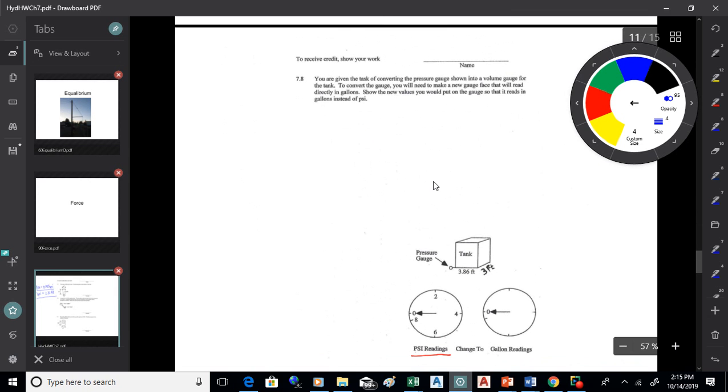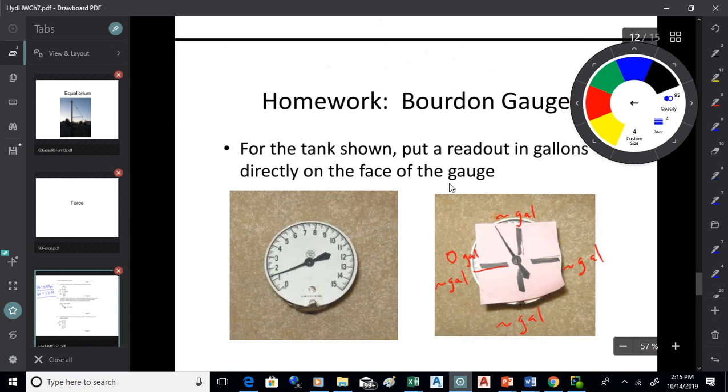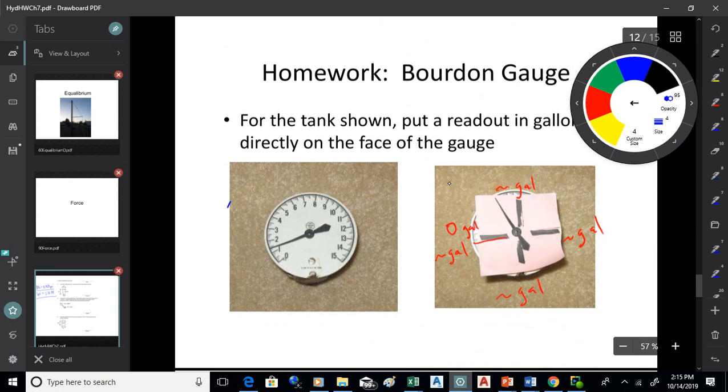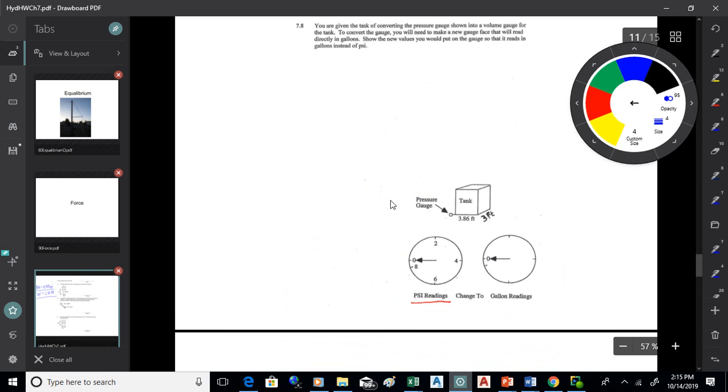Okay, this next one here, what we have is a Bourdon gauge. We're going to measure the pressures with it at the bottom of the tank. Now what we want to do, we have the dimensions of the tank that are given. Okay.